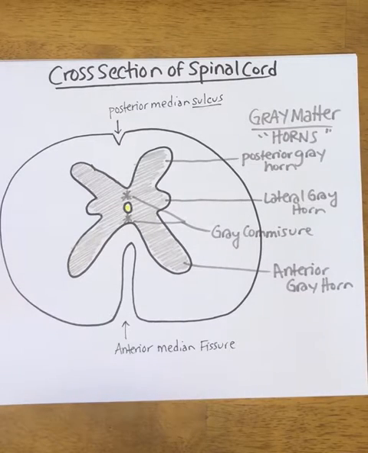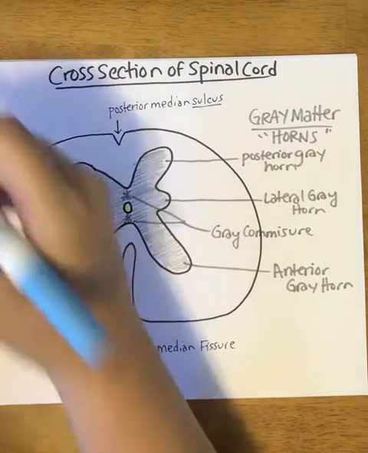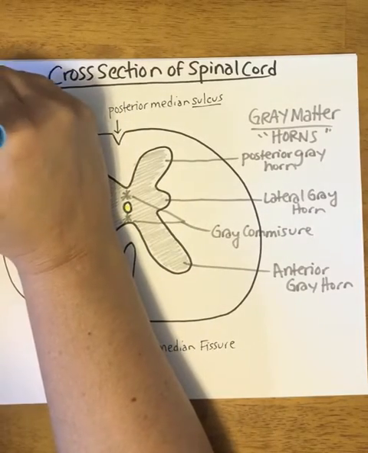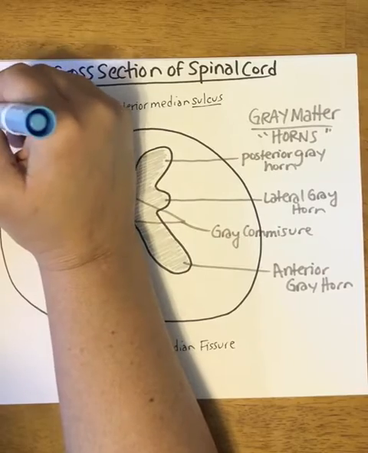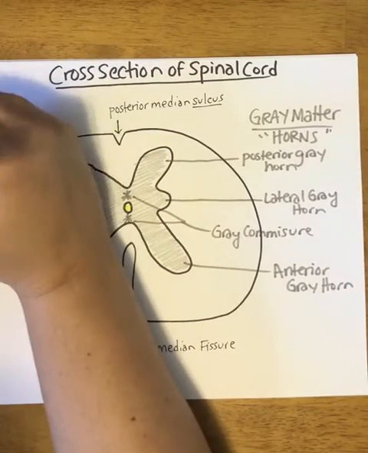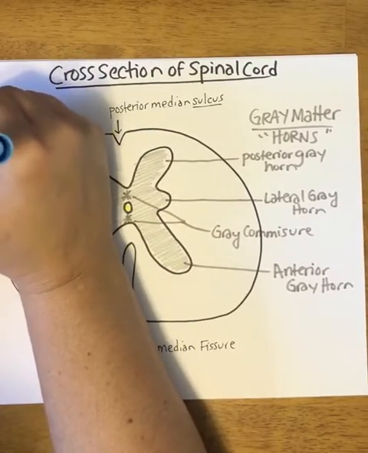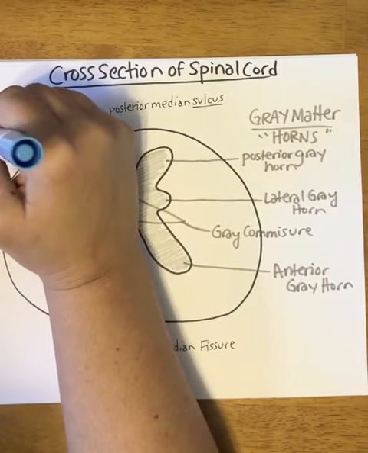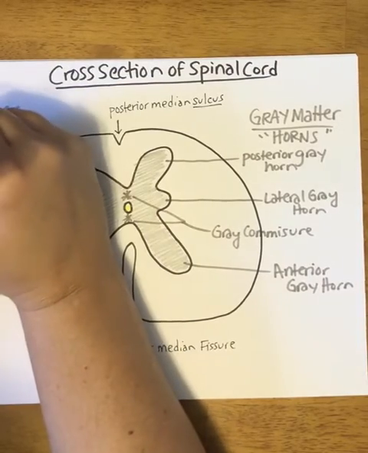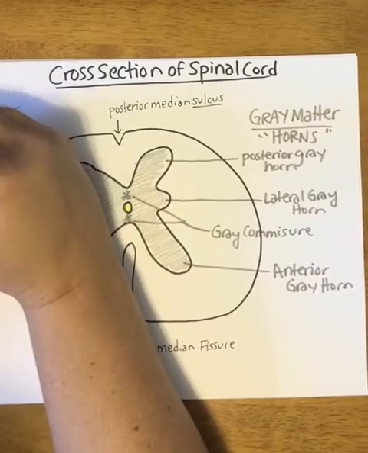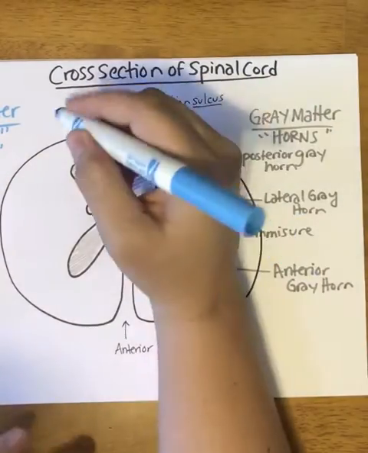Now, your white matter. Your white matter is going to be known as white columns. White matter is always called columns. Sometimes they're called funiculi. I like the word columns.